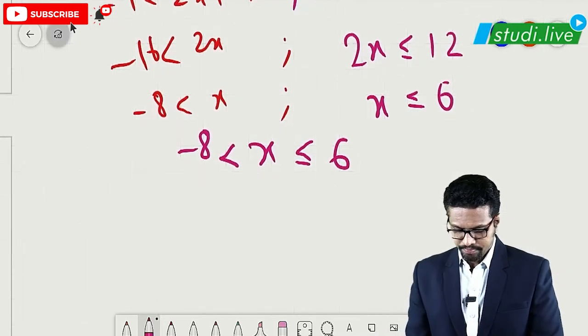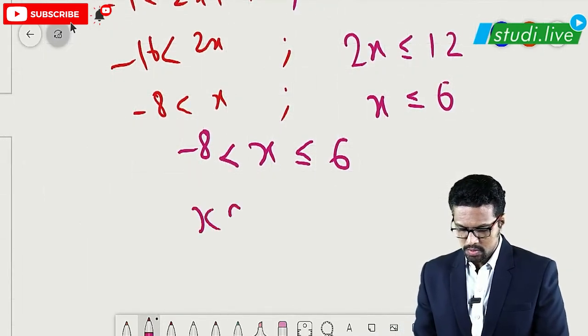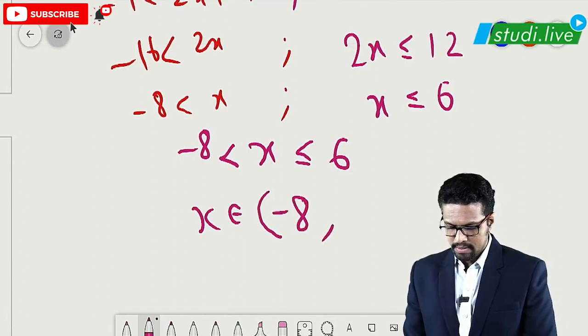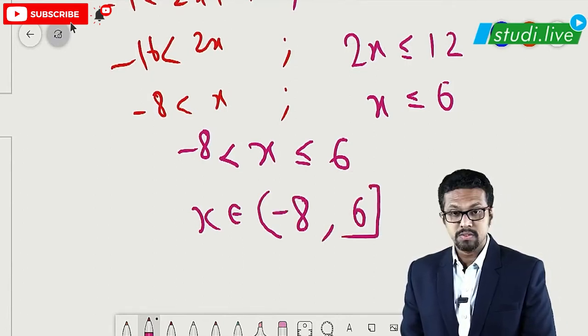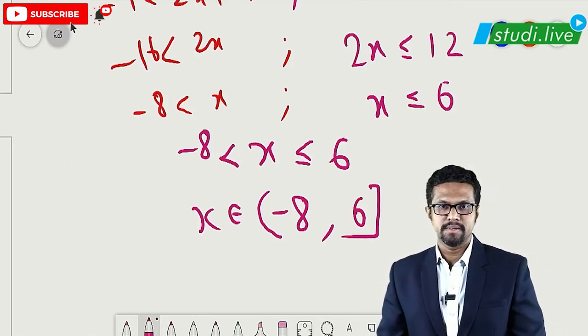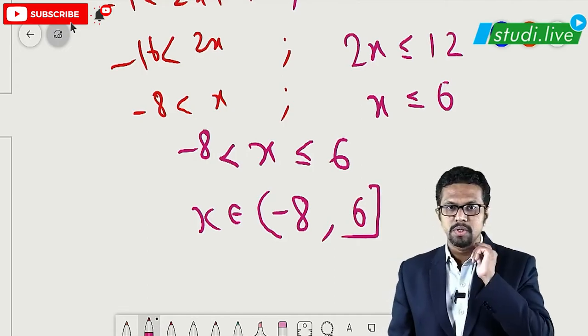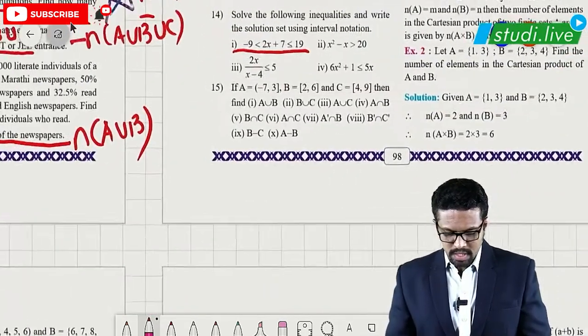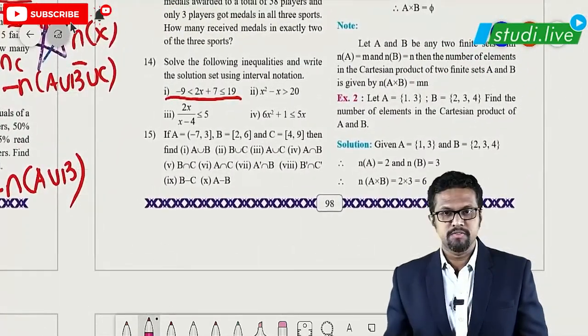So finally we can say x belongs to round bracket at minus 8 and square bracket at 6. So we are including 6 in the answer, but we are not including minus 8. Okay, so this is how we will solve the question. This is how we find the interval for x.